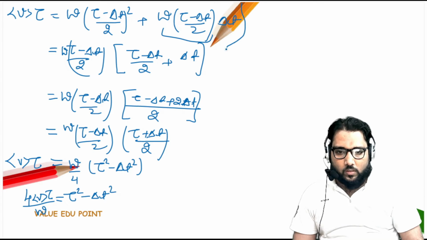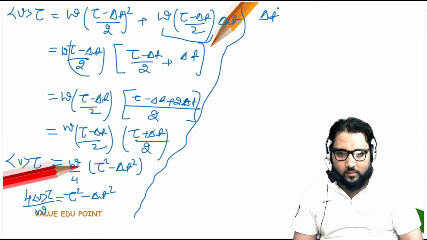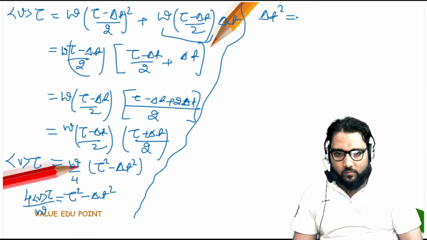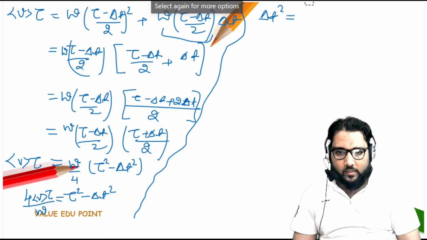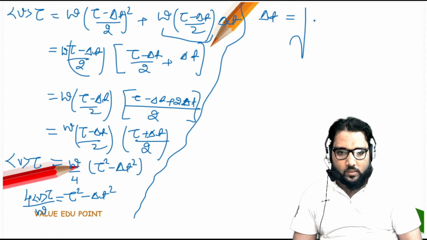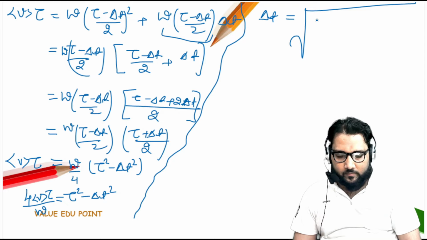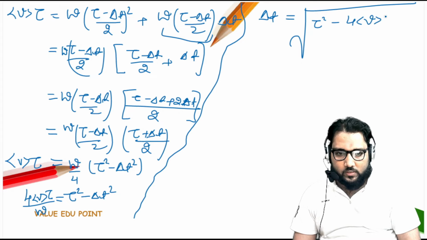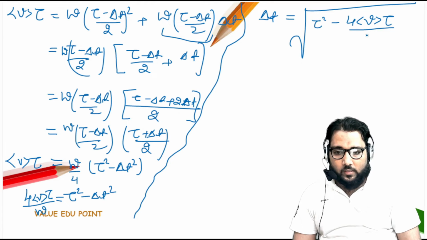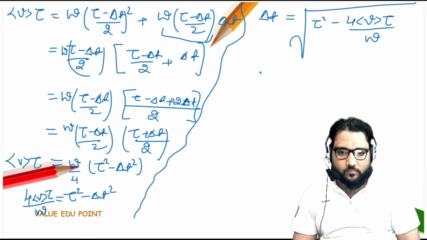So now what we have to do, guys, this is delta t square. I'm directly writing down delta t, which equals the under root of tau square minus 4 average velocity into total time, and this is omega.